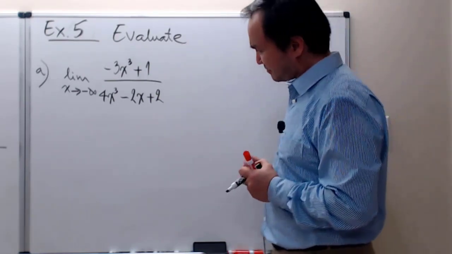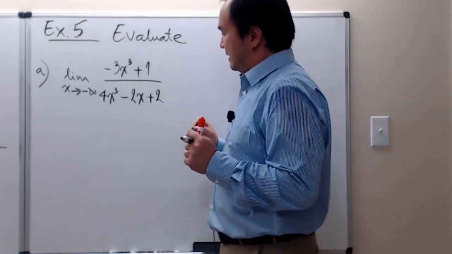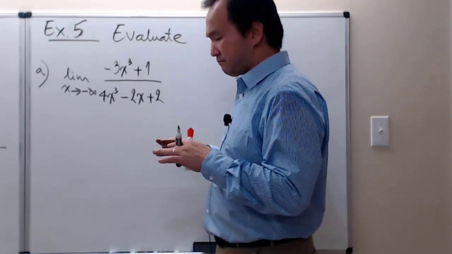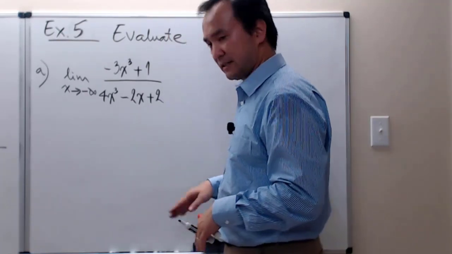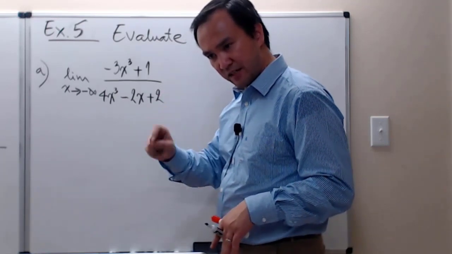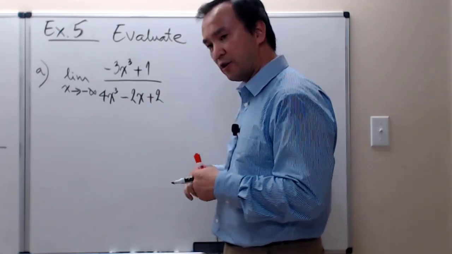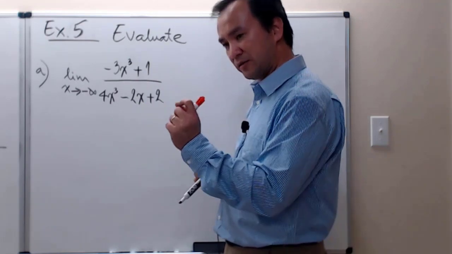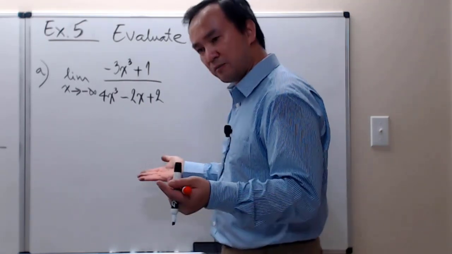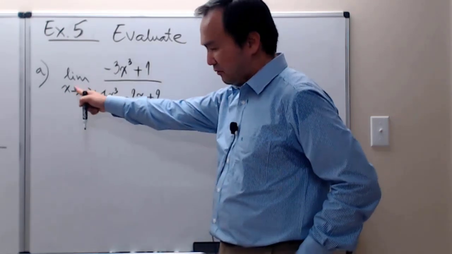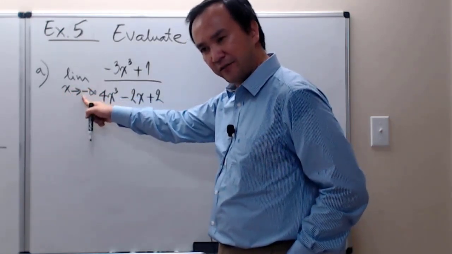Okay, so here's the thing. Allow me to show you not necessarily the fastest method, but the safest way, which will always guarantee your final proper answer. I believe it's the most proper technique. Notice that we're letting x approach negative infinity.